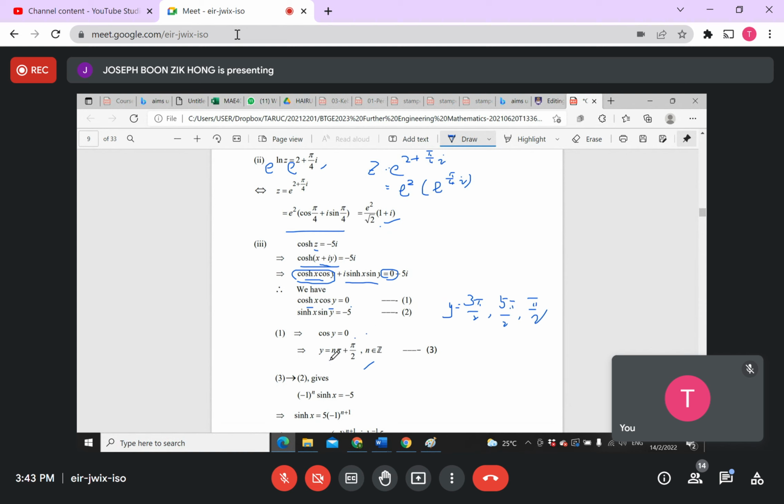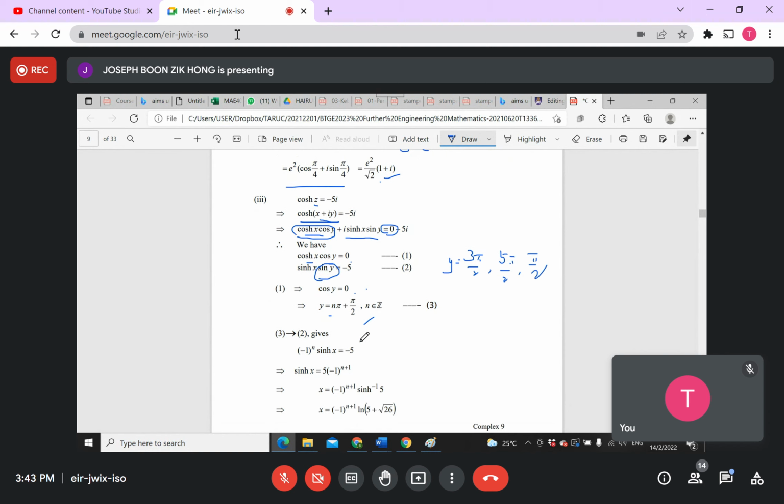So since you have this one, now you put it in here. Put in your sine of n pi plus pi over 2, which is negative 1 power of n, equal to negative 5, because you have negative 5 divided by negative 1 power of n.